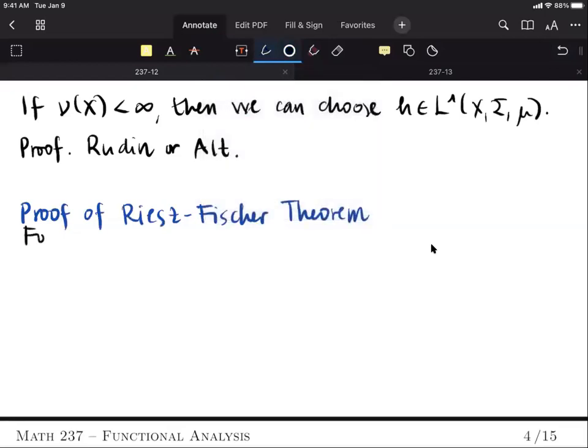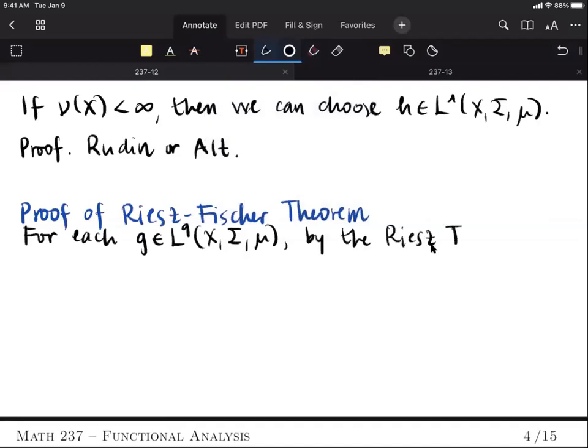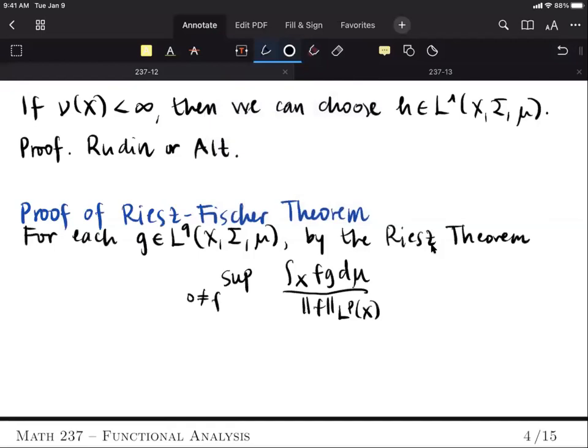So for each g in L^q, by the Riesz theorem, we know that the supremum of this integral divided by the L^p norm of f, provided that f is not 0, is just the L^q norm of g.